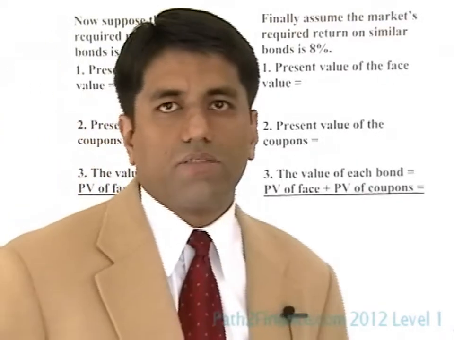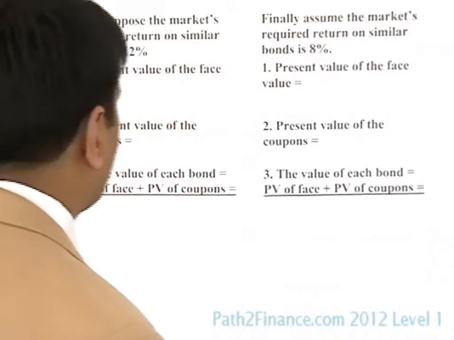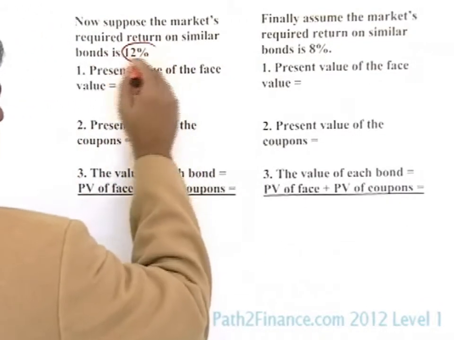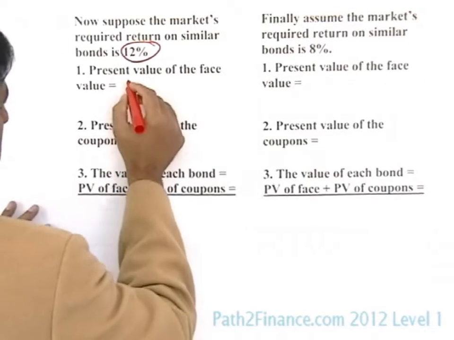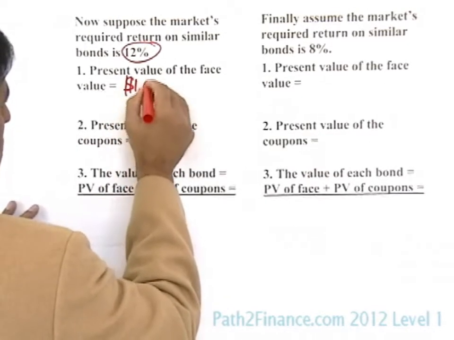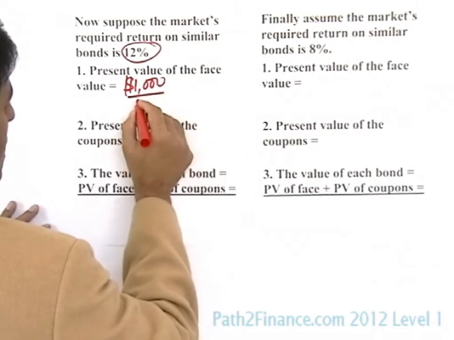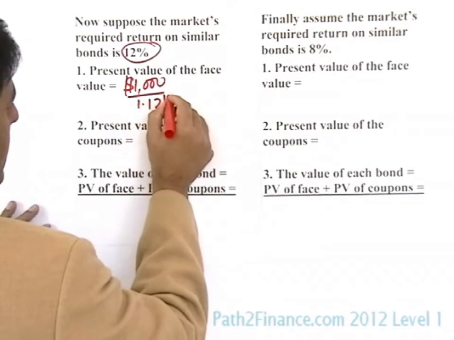Now suppose the market's required rate of return is 12%. In that case, the value of face will be $1,000 divided by 1.12 to the power 10.